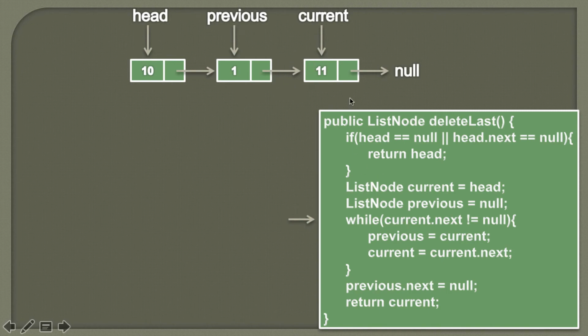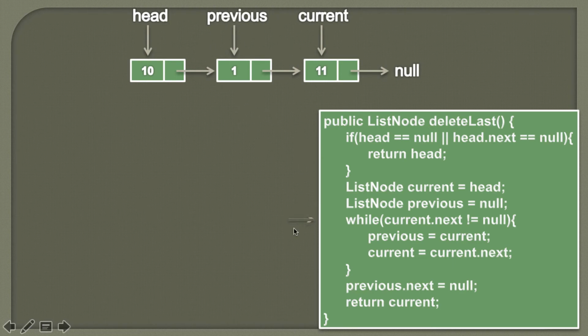So now here you can see current has reached the last node and previous is on the second last node. So here the condition current.next not equal to null comes out to be false because current.next is pointing to null. So this while loop terminates, which makes sense because we have traversed till the last node using the current pointer and we also know its second last position using this previous pointer.